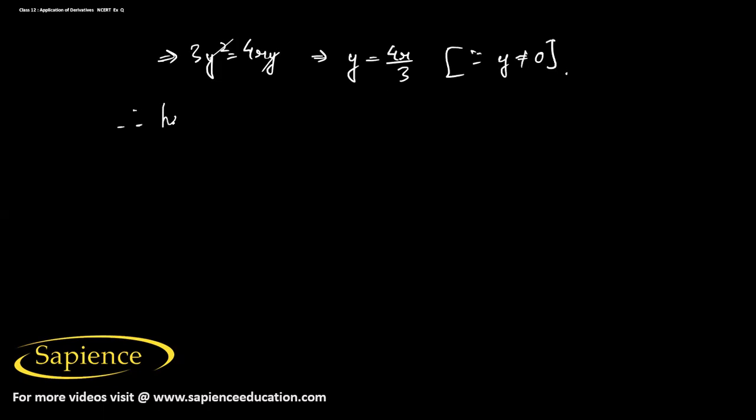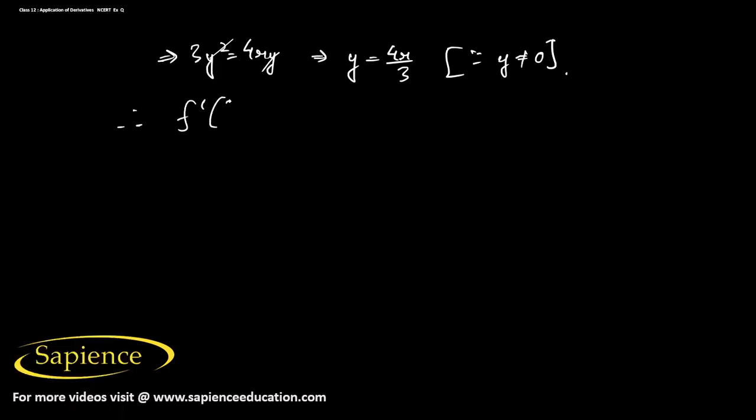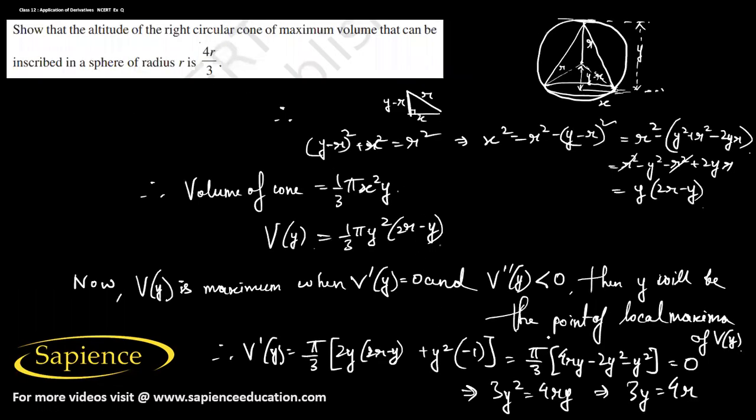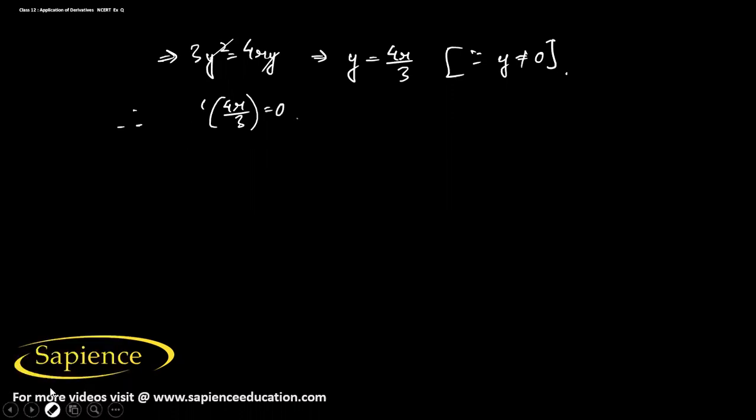So therefore we can say that v dash of 4r by 3 is equal to 0, and we have to find then v double dash y.